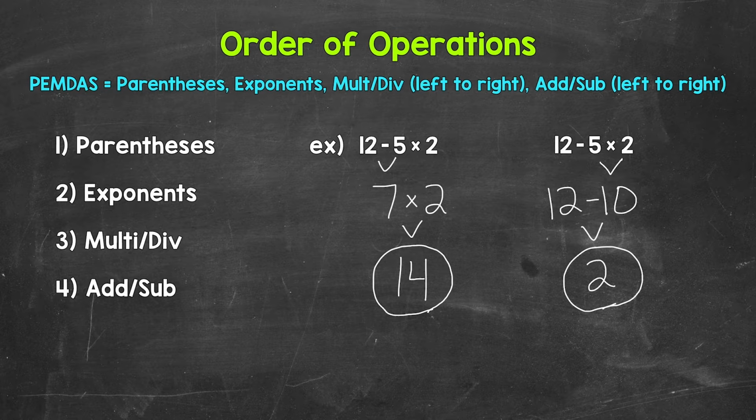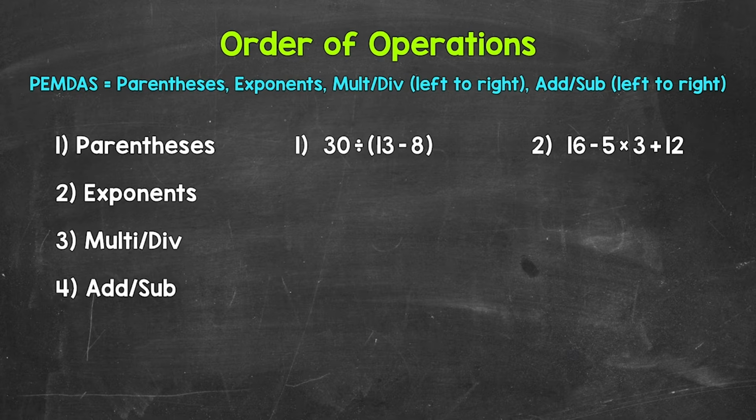That way, we can all be on the same page, and there isn't confusion from person to person. We have a standard way of doing things, a set of rules we can all go by. And that's what the order of operations is. So that's why we use the order of operations. Let's move on to some example problems and how to use the order of operations.